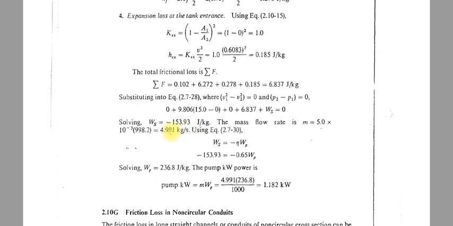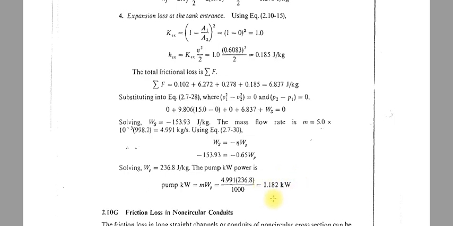So just multiply this value by the ws, you will get the power. Or if you know the efficiency of the pump, if the pump efficiency is 65%, then divide it by 0.65, so you will get the power. So what is the value of power? It is 1182 watt or 1.182 kilowatt.